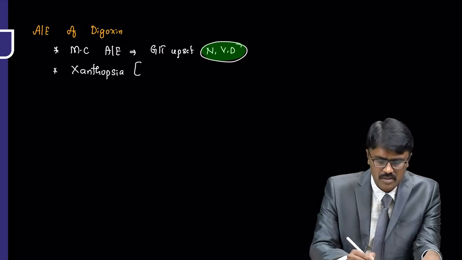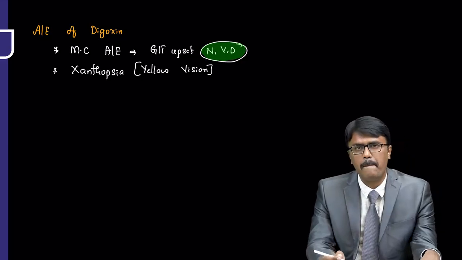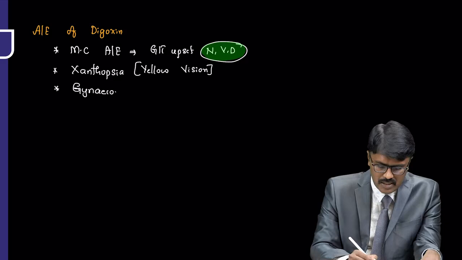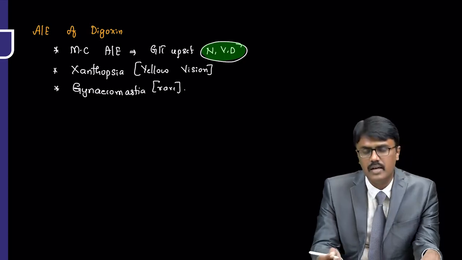Xanthopsia means the vision disturbance. Patient will complain of yellow vision. Third problem is it can cause gynecomastia. Now, it's not a common problem, it's a rare problem, but it can also cause gynecomastia.